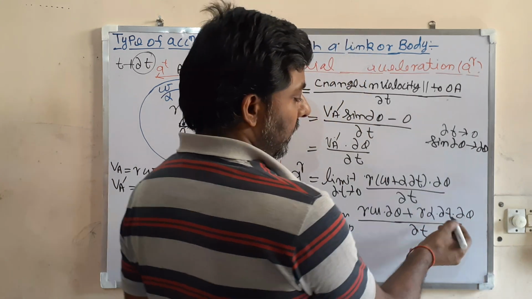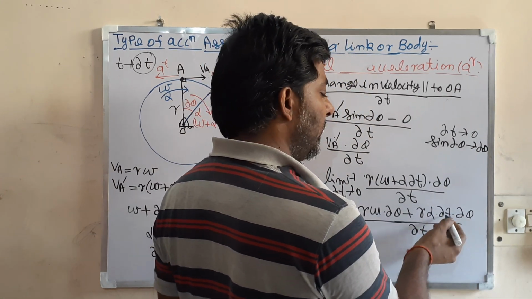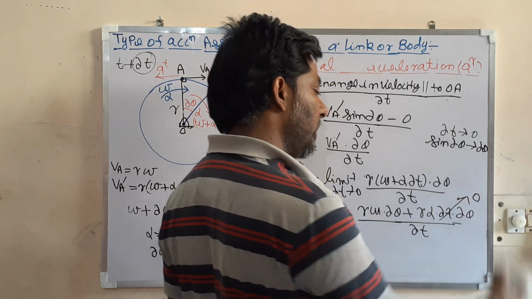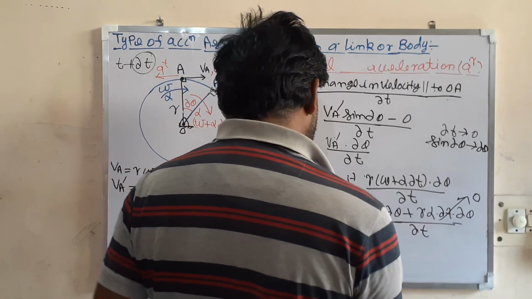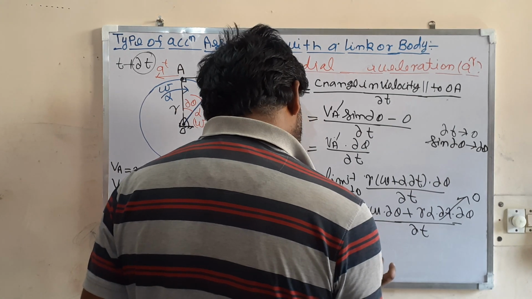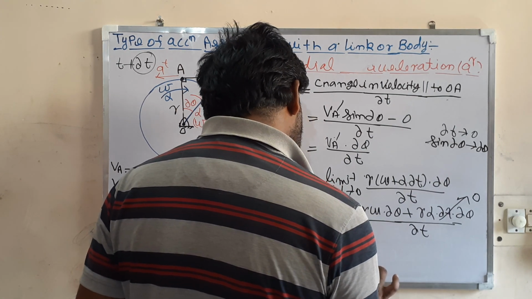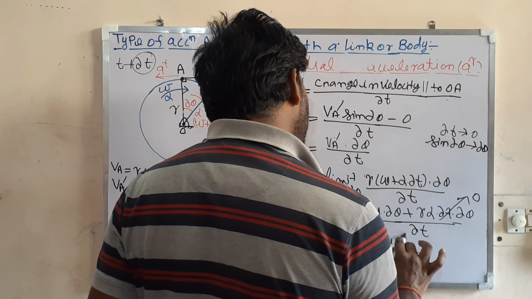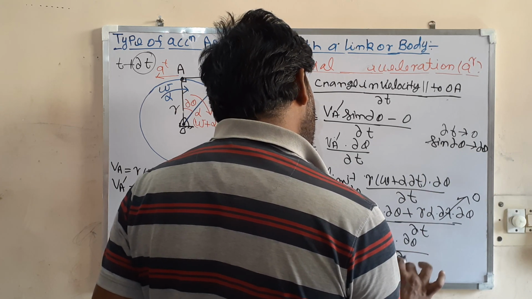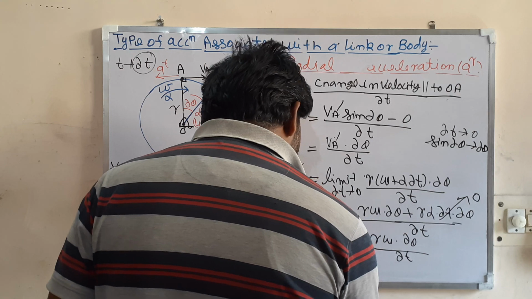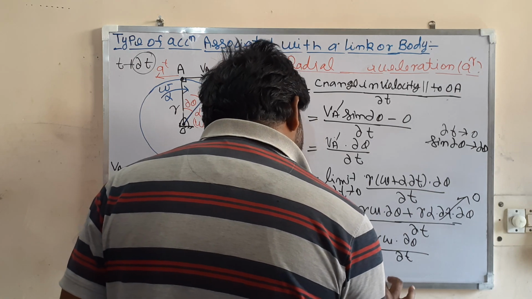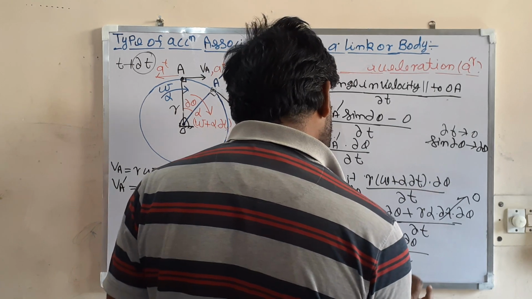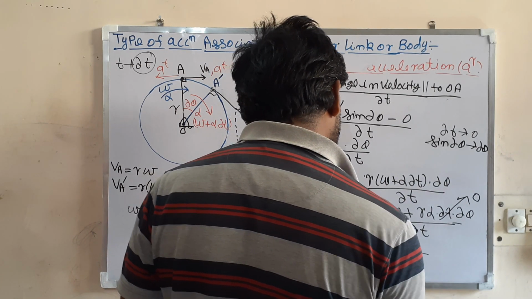Look here: this is the product of two small quantities, del t and del theta, so it can be neglected, taken as 0. So in the limit, R omega del theta upon del t can be written as d theta by dt.